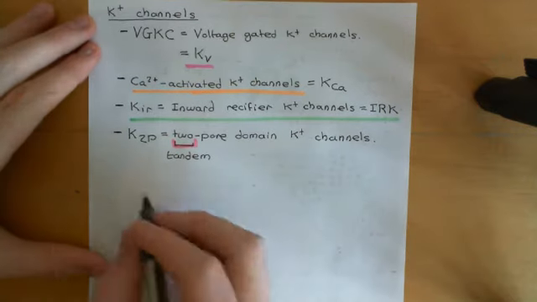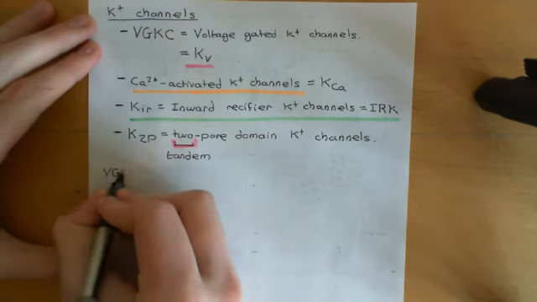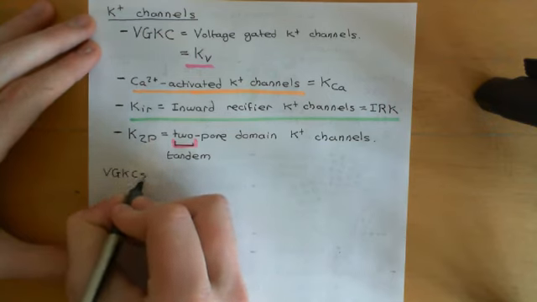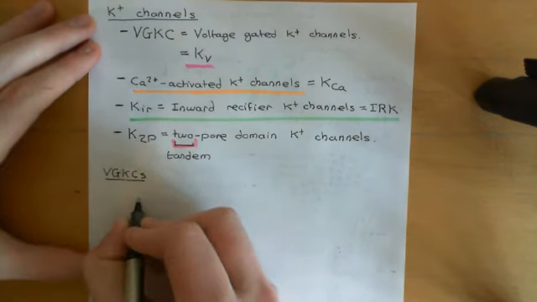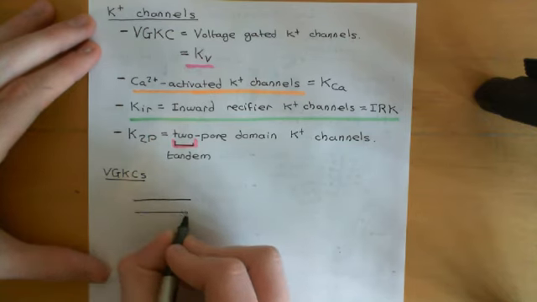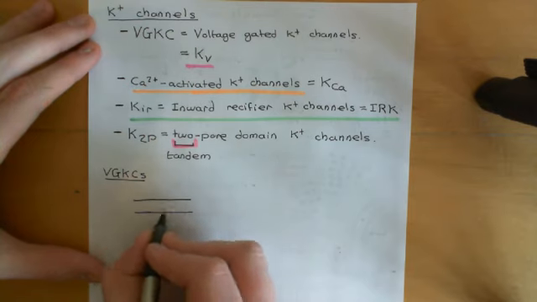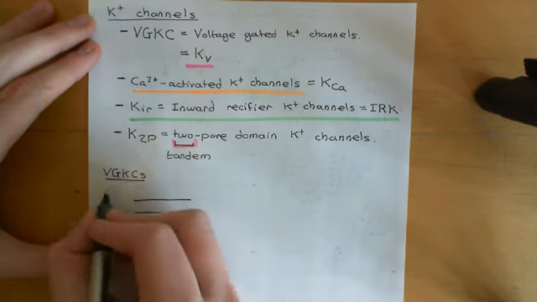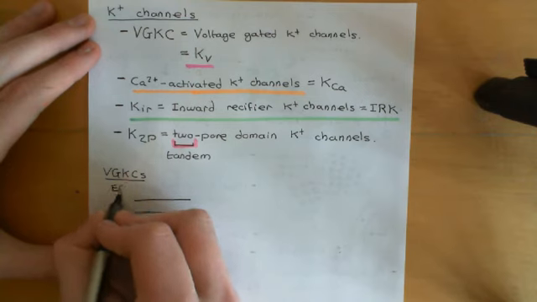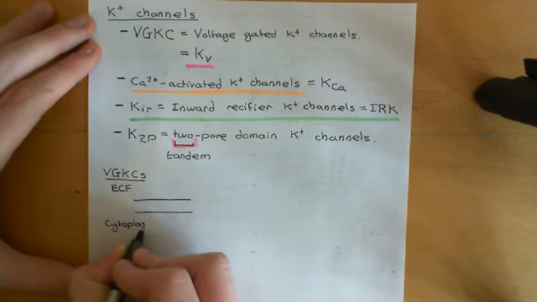So voltage-gated potassium channels, VGKCs. These are in the plasma membrane, so I'll use these two parallel lines here to represent the inner leaflet and the outer leaflet of the plasma membrane. This side up here is the extracellular fluid, and this side down here is the cytoplasm.